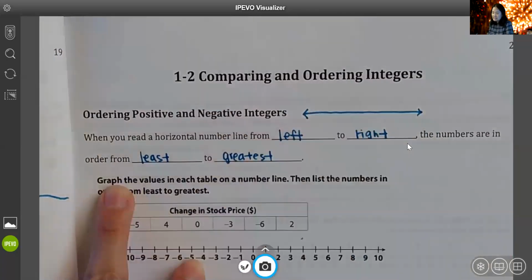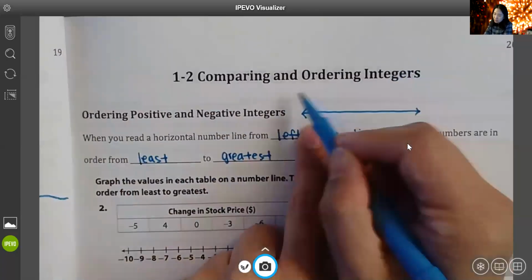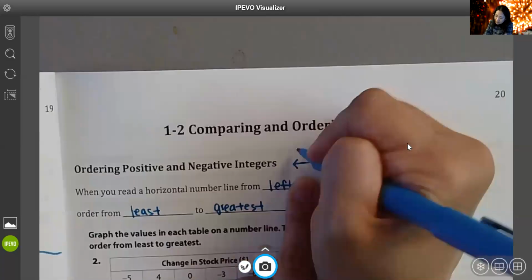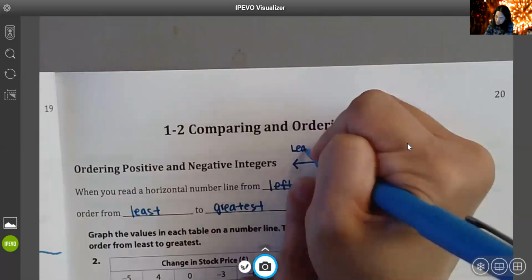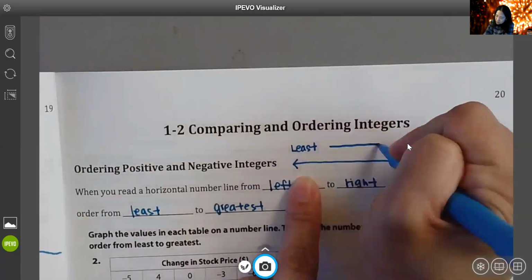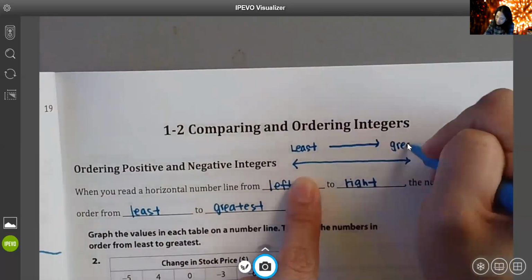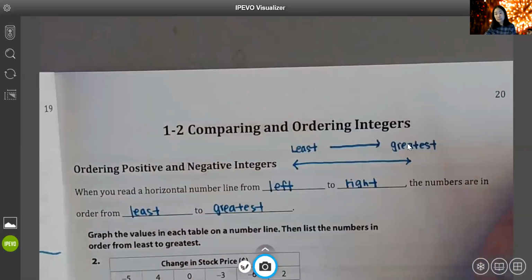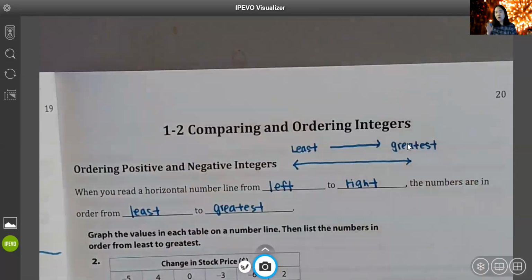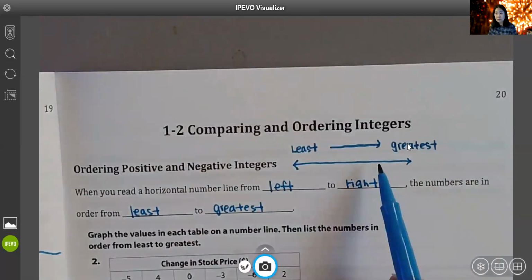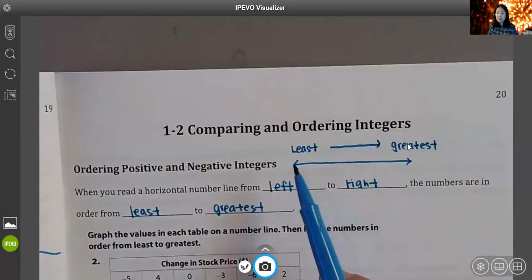All they're saying is this, the numbers that are more to the left have the less value, so least. And as we go to the right, the number becomes greater. So least to greatest. Okay, so always the number that is to the right has greater value than the number that is to the left.